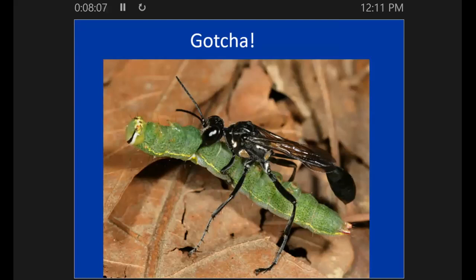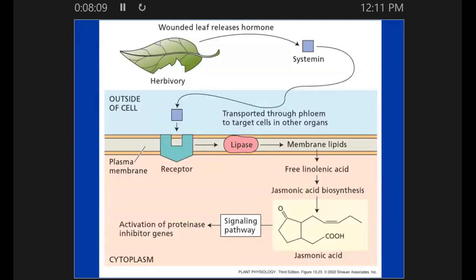So here's another more in-depth look at this idea of systemin and hormones. So here you see the systemin getting docked into the receptor protein after wounding by a caterpillar or something. And then you can see a couple of things happening here.